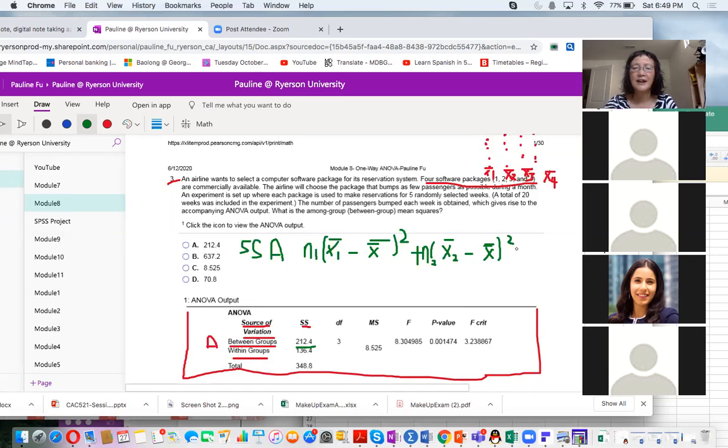Okay, and then you repeat yourself for group 3, group 4, and other groups, and you add them all. This is SSA, sum of squares among groups, and this SSA is given as 212.4 from the output.